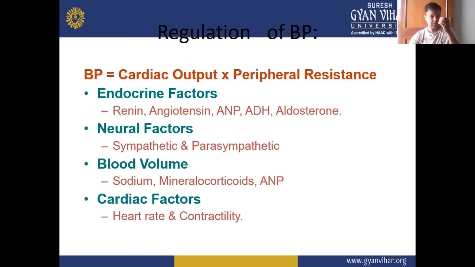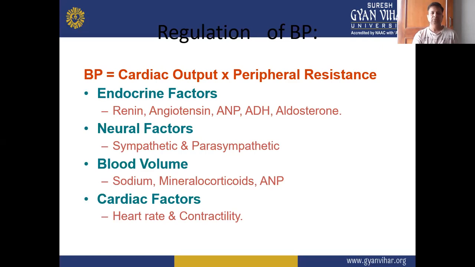First is the endocrine factor, such as renin, angiotensin, ANP, ADH, and aldosterone. Second is the neural factor, such as sympathetic and parasympathetic.